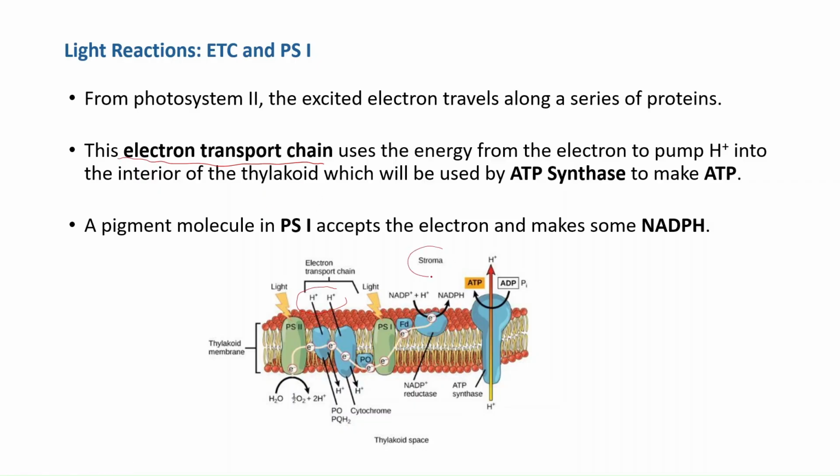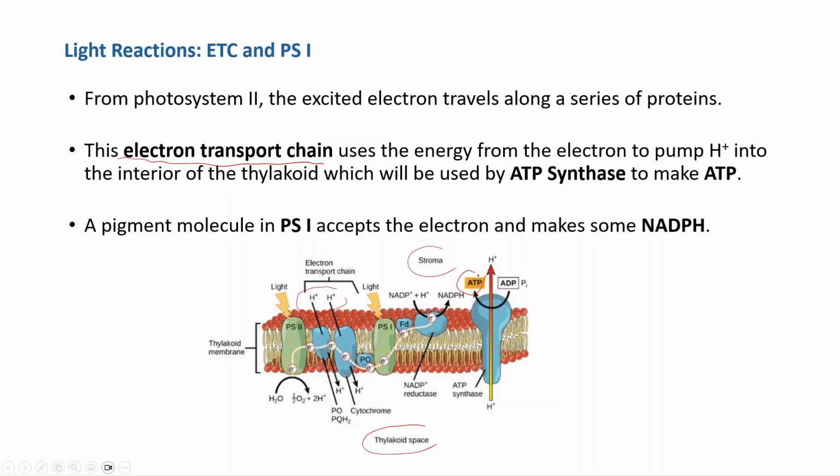So this is the stroma, this is the thylakoid, so the protons start accumulating inside of the thylakoid. Obviously, later on, there's going to be an ATP synthase, so the protons are going to move identical to the one you find in the mitochondria, produces ATP.